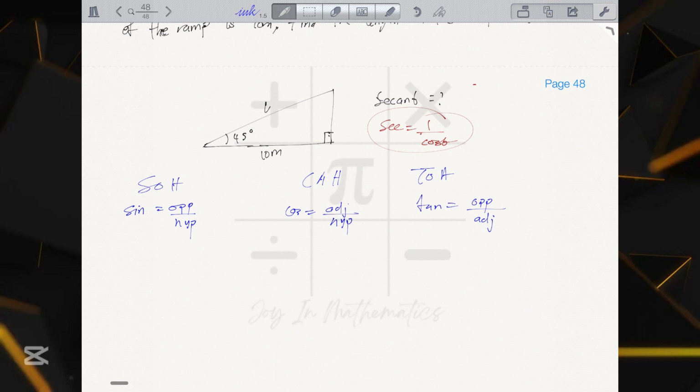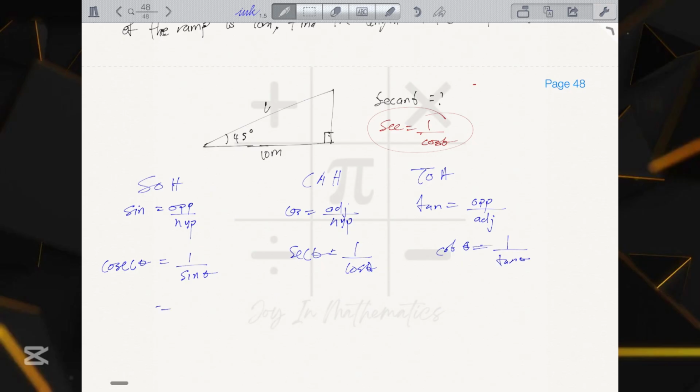Then we know that cosec theta is equal to 1 over sine theta, and sec theta is equal to 1 over cos theta. Likewise, cot theta, or cotangent theta, is equal to 1 over tan theta.